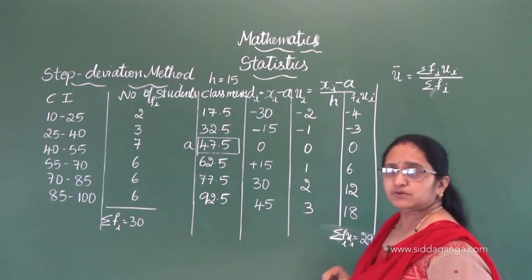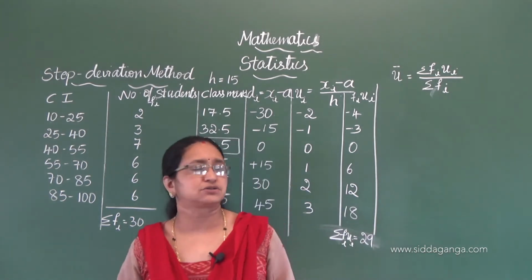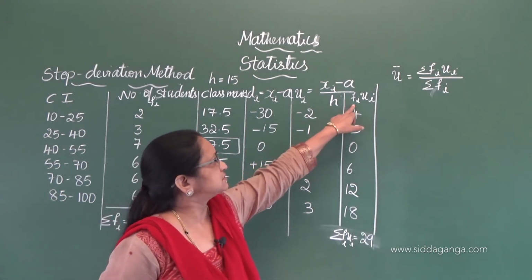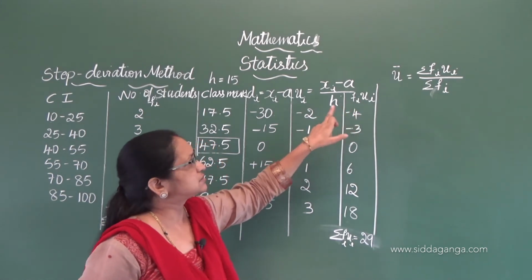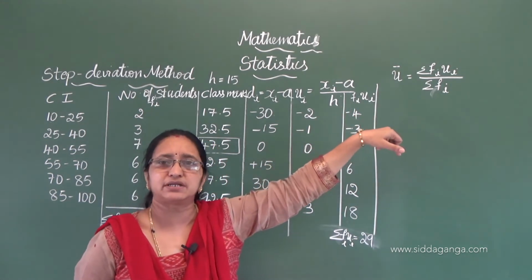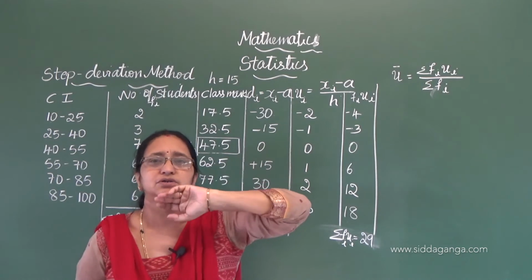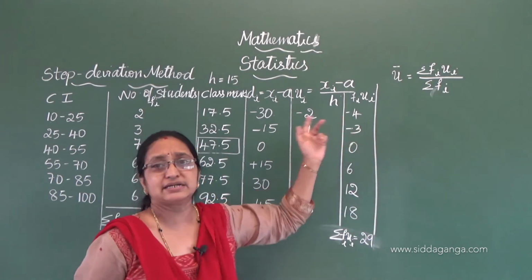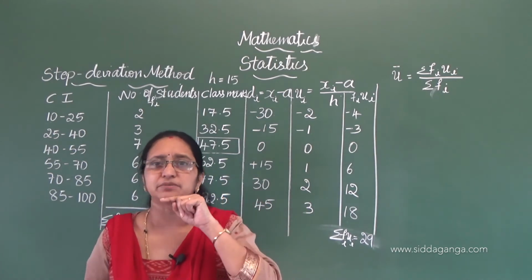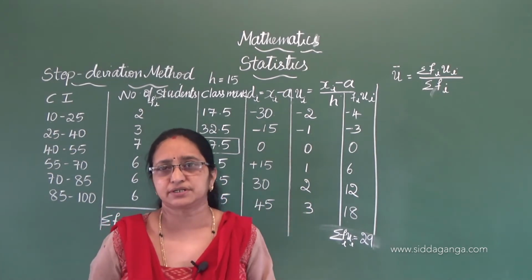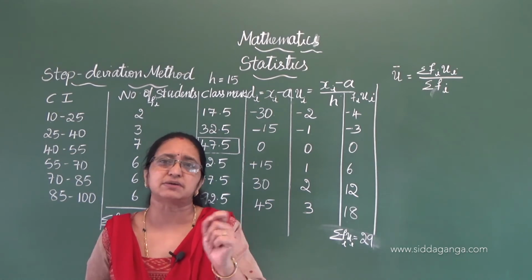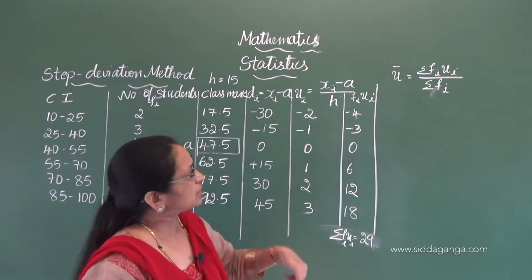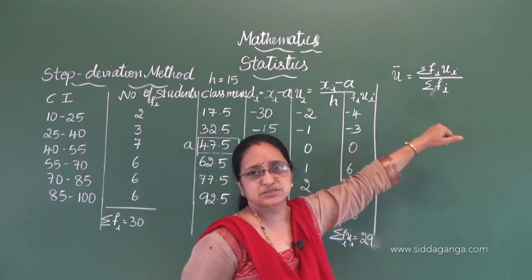From the beginning you know this. When I derived the formula for the assumed mean method also, we used d dash, which is the summation of fi di divided by sigma fi. So now we are using this, correct?